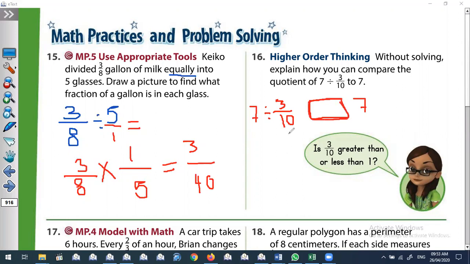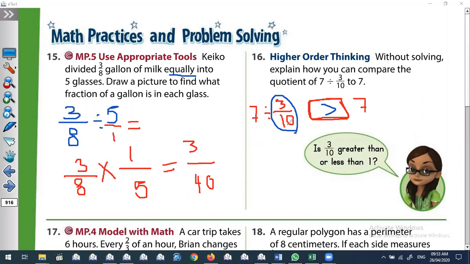Here, the divisor, the second number, is less than 1. If the divisor is less than 1, the answer will be bigger than the whole.